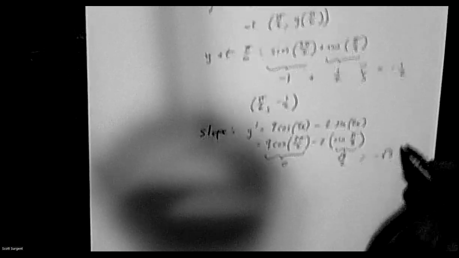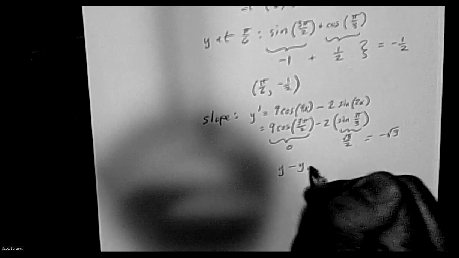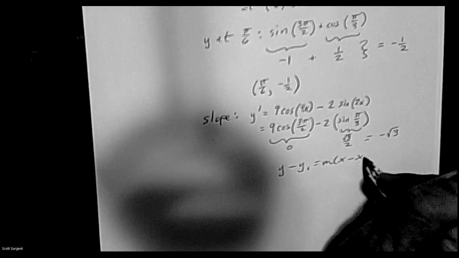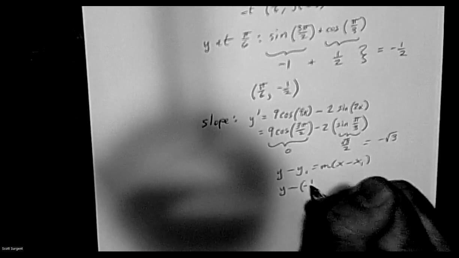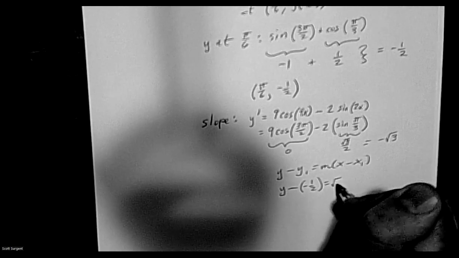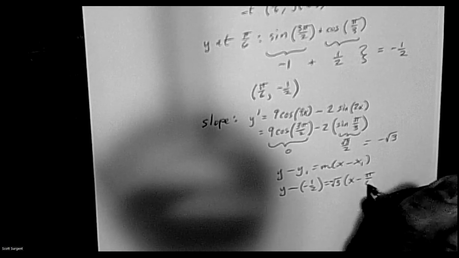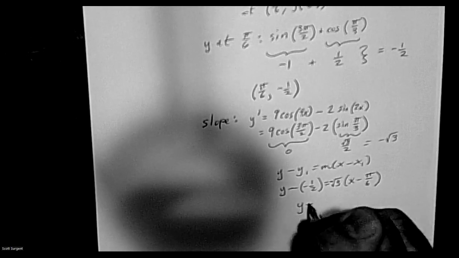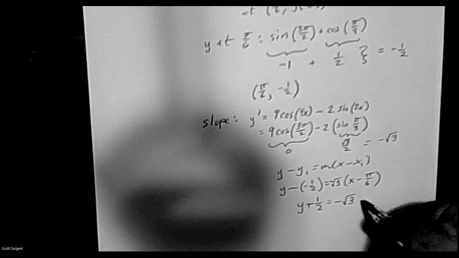So that's the slope. Then, using the formula for the equation of the tangent line, I get y minus negative 1/2 equals negative root 3 times x minus pi over 6. Now this one's just going to look ugly because we've got a combination of radicals and pi's.